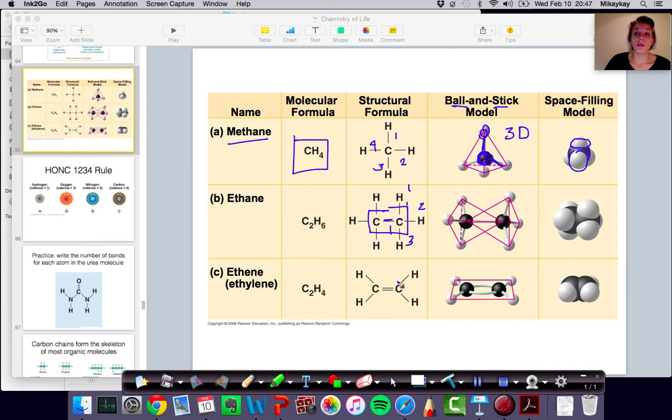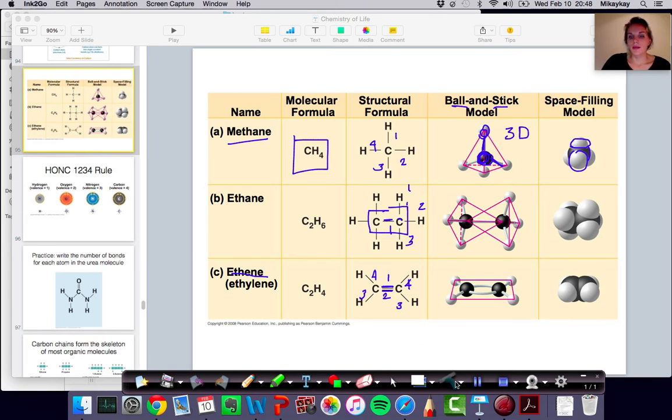It can even make a triple bond, actually. And this double bond also satisfies carbon's desire to make a certain number of bonds. So here, this carbon has 1, 2, 3, 4 bonds, right? And this carbon also has 1, 2, 3, 4 bonds, right? So it satisfies the octet in this particular chemical, which we call ethene, and it has a formula of C2H4.